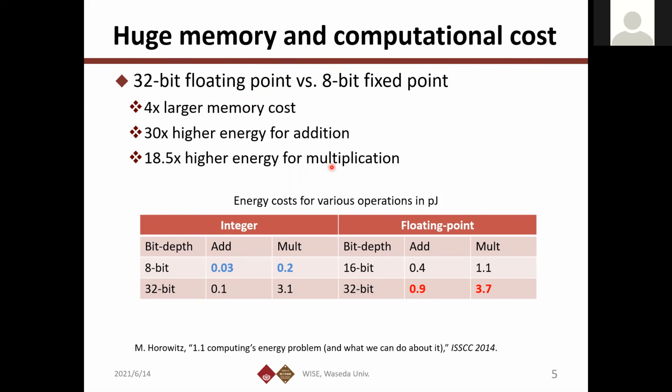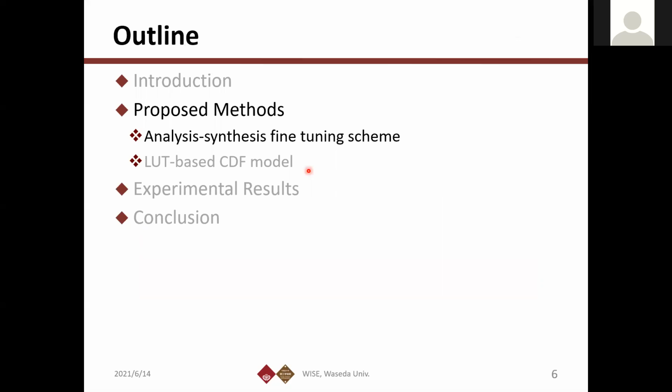And for multiplication, 32-bit floating point may consume 18.5 times higher energy, since one is 3.7, but fixed point is only 0.2.